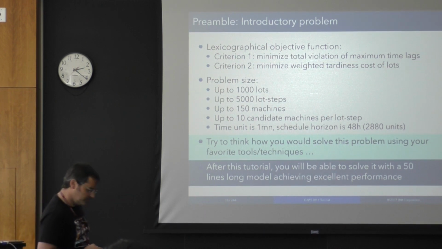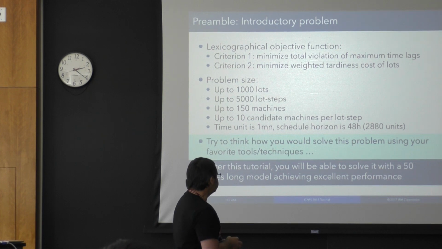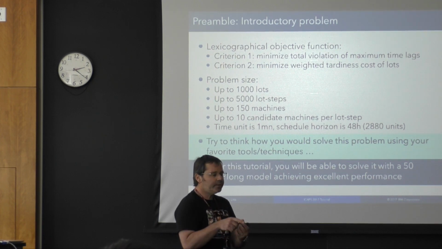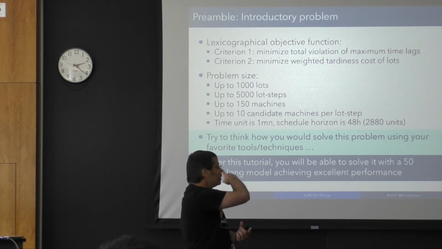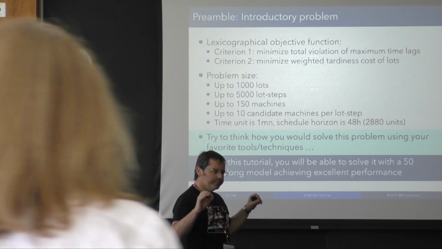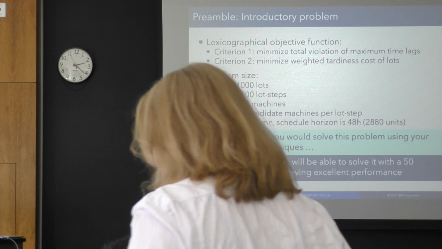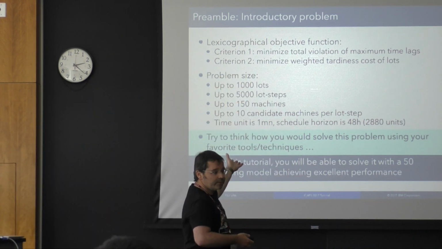What do you mean by up to 10 candidate machines per step? I said there are 100 machines. It's not all the 100 machines that can perform this task, because the machines have some specificities, okay? So some cannot process some steps. So this is the number of candidates.